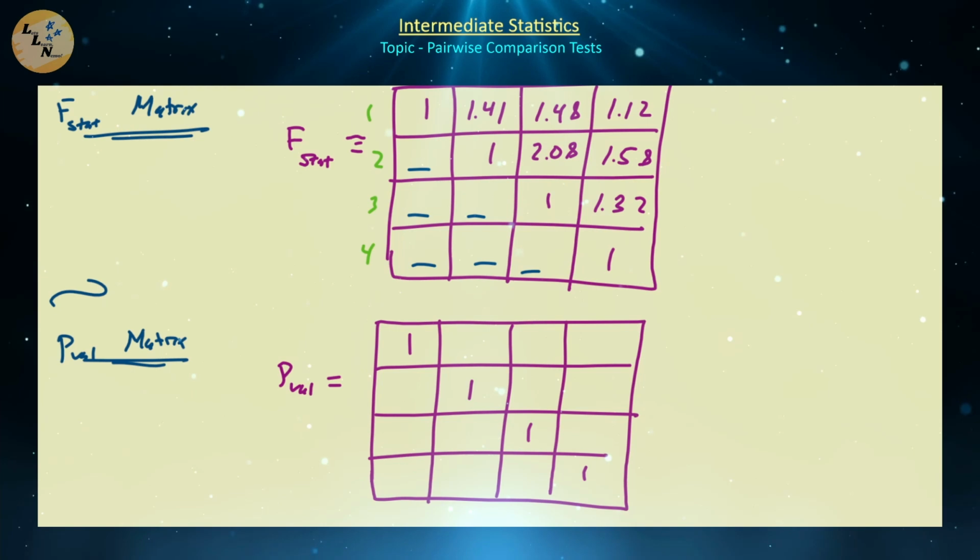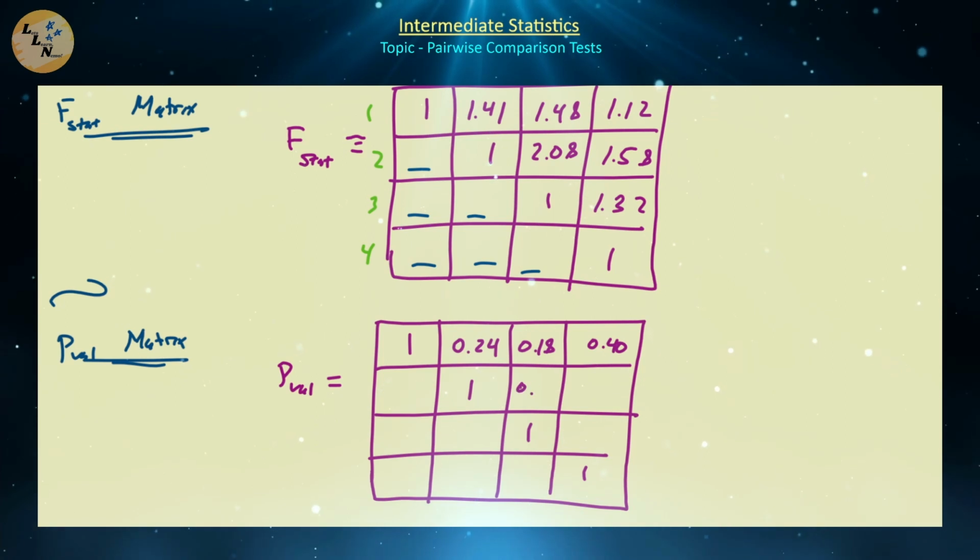So no need to do the lower diagonal. But at least from this perspective, it is symmetric from the conclusory perspective, right? So what would the p-values be for those associated F distributions? One should be able to find that that's going to be 0.24, 0.18, 0.40, 0.09, 0.21, and 0.24.